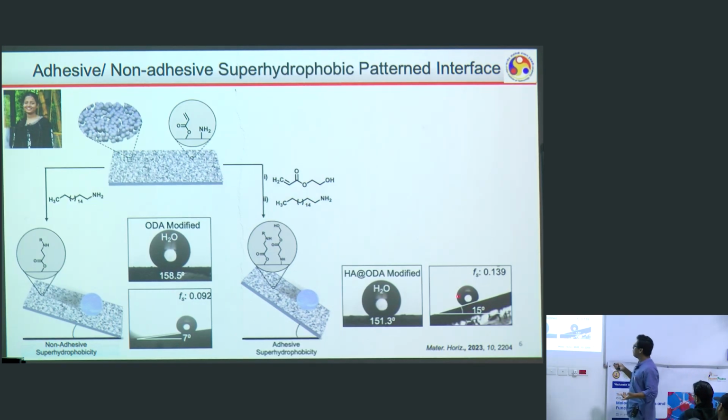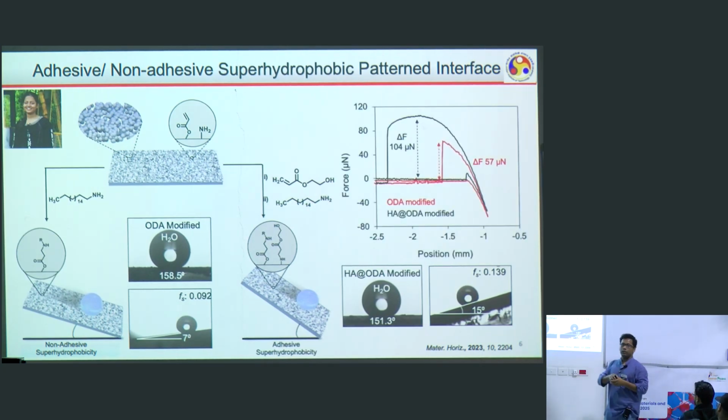But now, to roll the beaded water droplet, you need to tilt the interface almost twice, a 15-degree angle. And if you see the fraction of contact area, that has also increased. Even if you measure the force of adhesion between the solid surface and liquid, that is almost twofold, depending on whether you have monofunctionalization or dual functionalization.